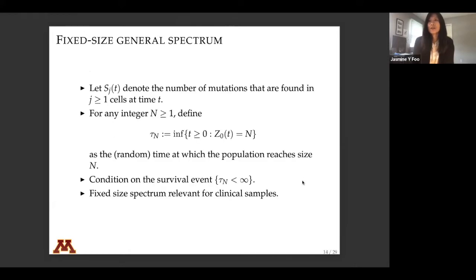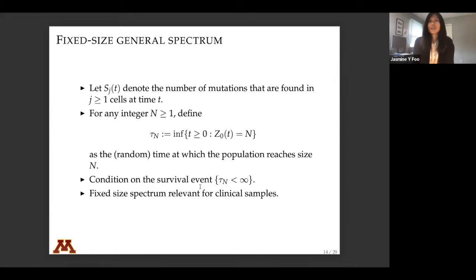And we also looked at the fixed size spectrum, where we define tau_n as the hitting time at which the population first reaches size n. And so finding this spectrum is more relevant for clinical samples where you don't necessarily know the age of the tumor, but you know the tumor size when you get the sample.